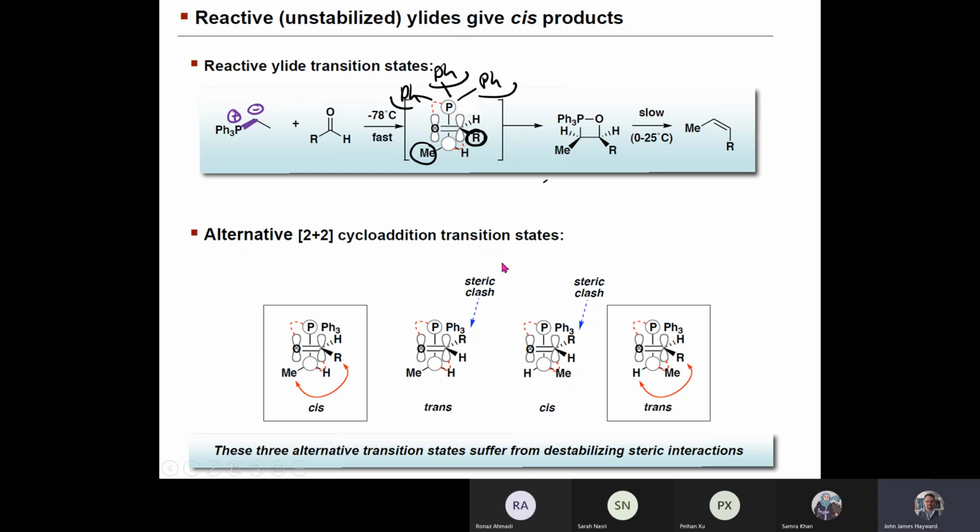That was meant to be green. Okay, so the methyl group here is now on the opposite side. So the R group goes away from the phenyls and the methyl group goes away from the R. Okay.